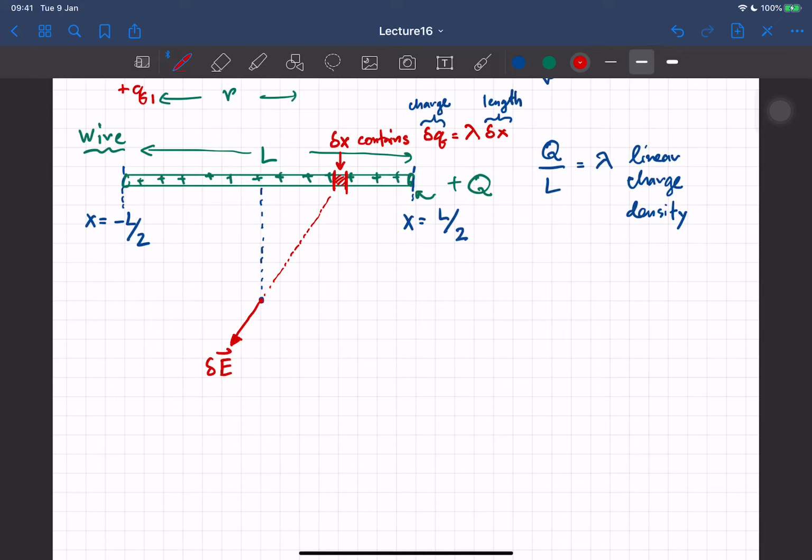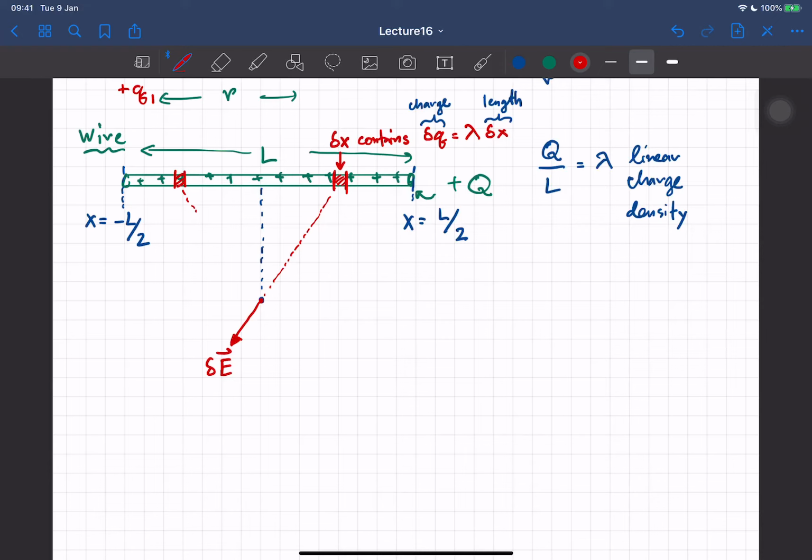But in this case, it's a little bit obvious because for any delta x on this side of the wire, you have a mirror image on the other side, at the same distance from the center but in the negative direction. This is why I chose the rod to be at the center, because you have this kind of symmetry.